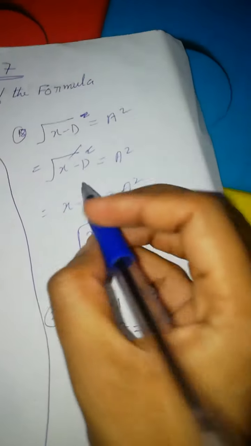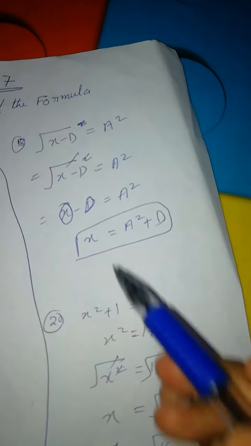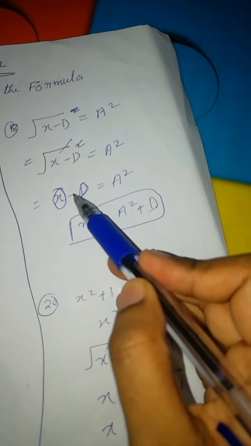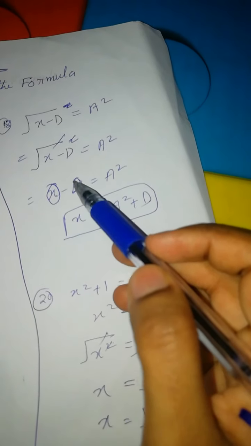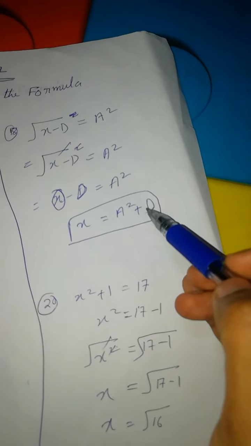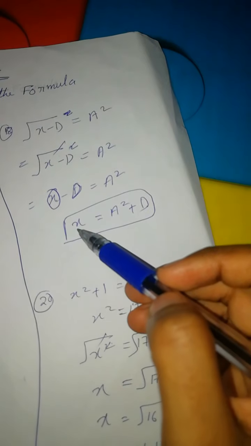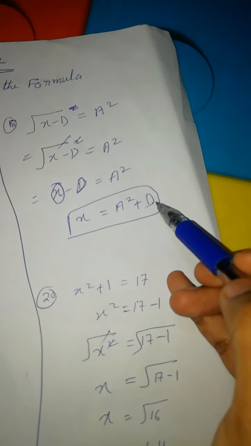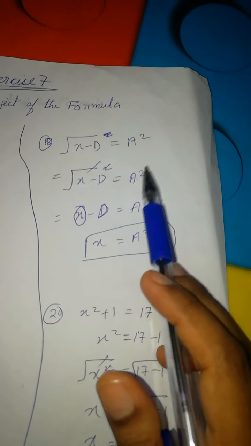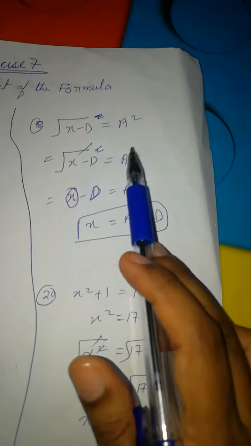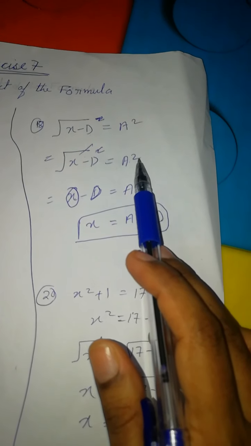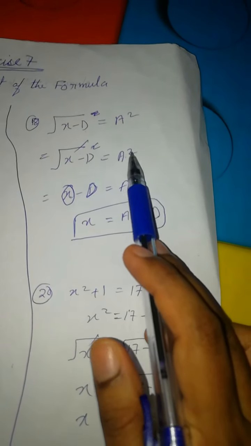So now you have to make x separate. With x is minus d. If you take minus d to the other side, it will be plus d. Okay, x is equal to a square plus d. Here why are we not putting a square? Because the square is already there. Again I am saying, we are not putting a square because the square is already there.